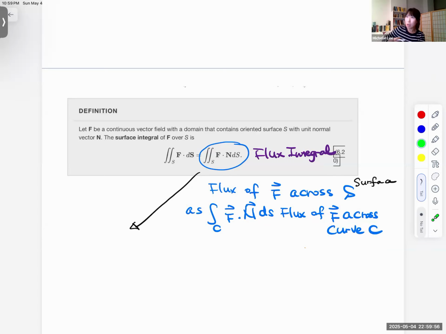Okay, so this one, I want to derive the formula. So we can express it as F dot product with N, and it's a unit normal vector. So I want to express it this way.